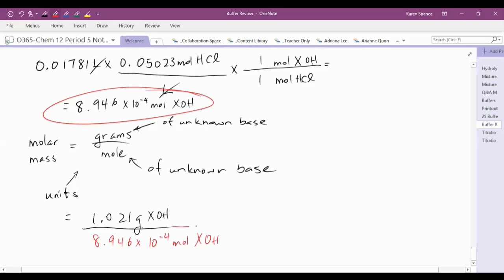And then all you do is divide. 1.021 divided by that is 141.3. That seems like a really big number. Did I do something wrong? Let me just check.